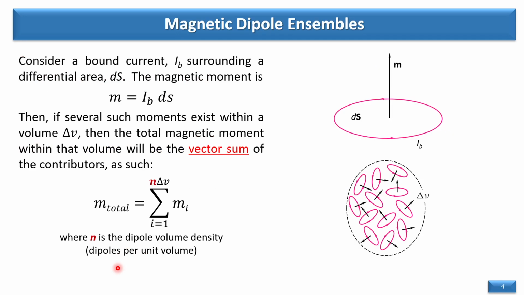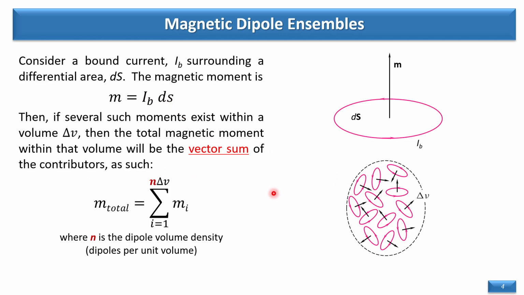So if we are to describe this in a mathematical model, we know that an orbiting charge means some sort of current, and this current goes into a loop. So the moment of this current loop equals the current multiplied by the area.